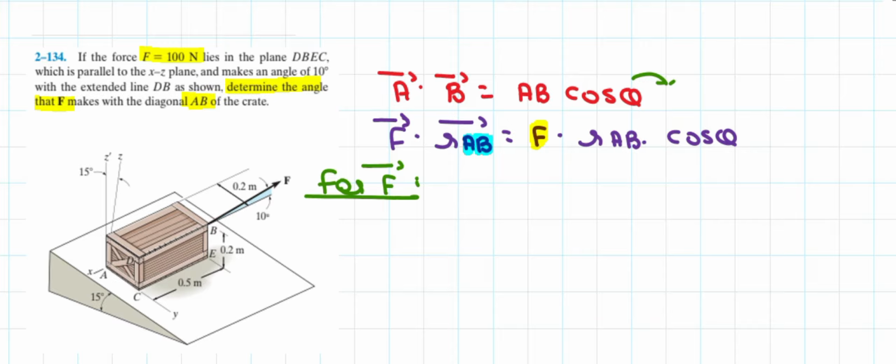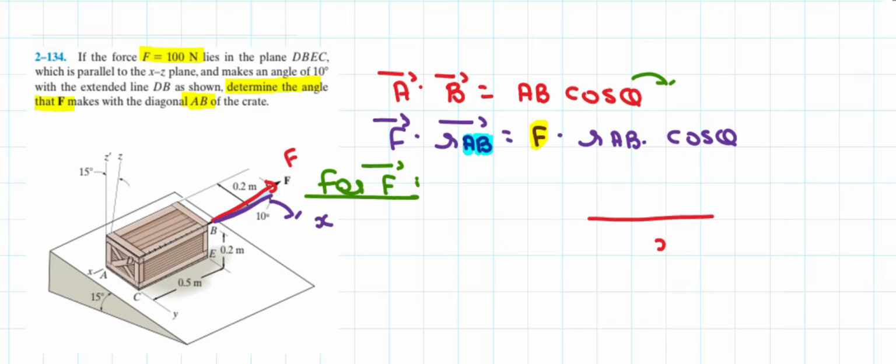Similarly, this light black line is our x-axis. To summarize, the force F makes an angle of 10 degrees with the x-axis.